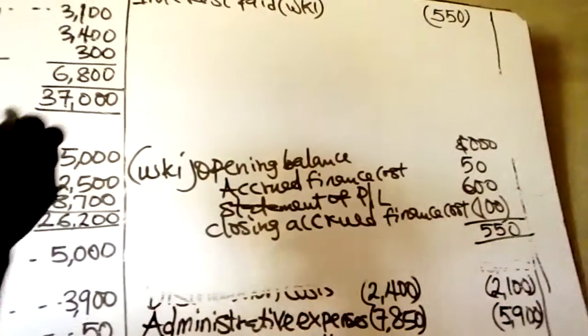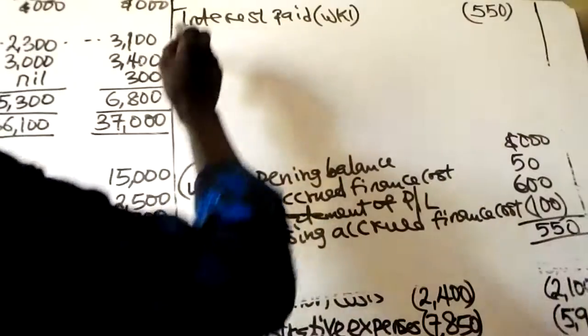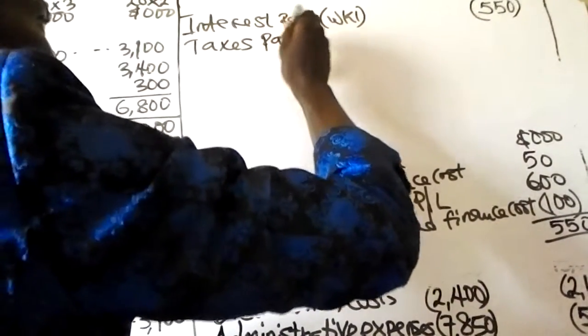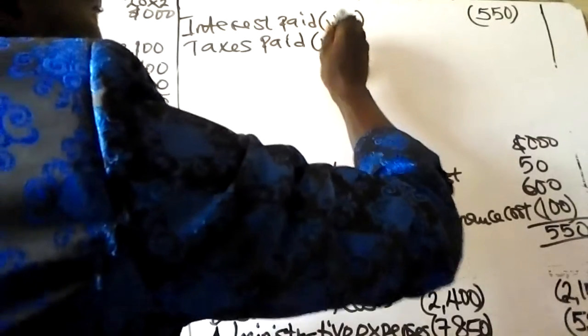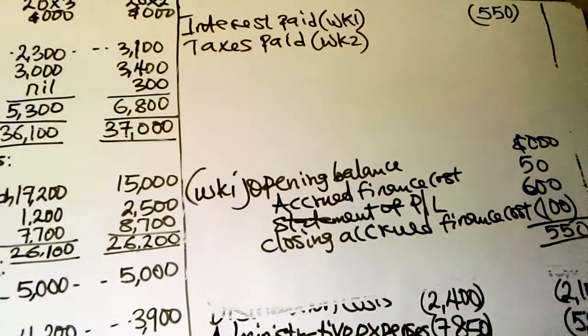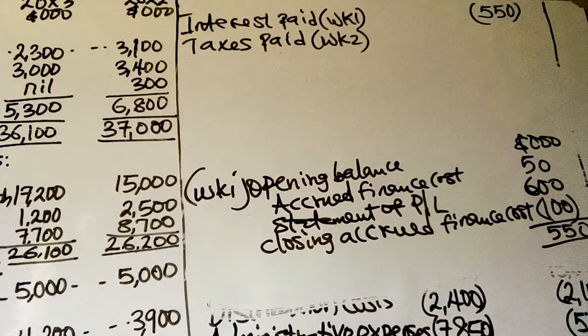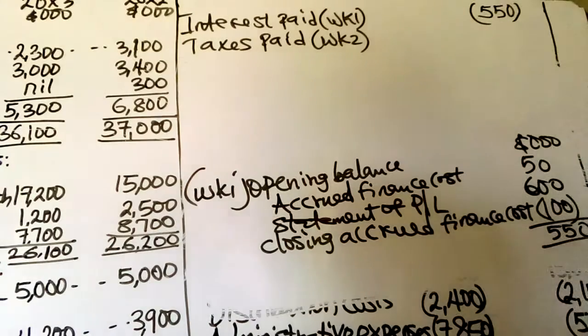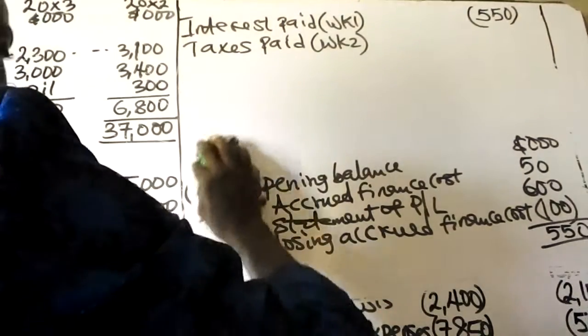After the interest, you have taxes paid. Working two, just the same way as the calculation of interest. The way you have calculated your interest is the way you are going to calculate the amount of tax paid.